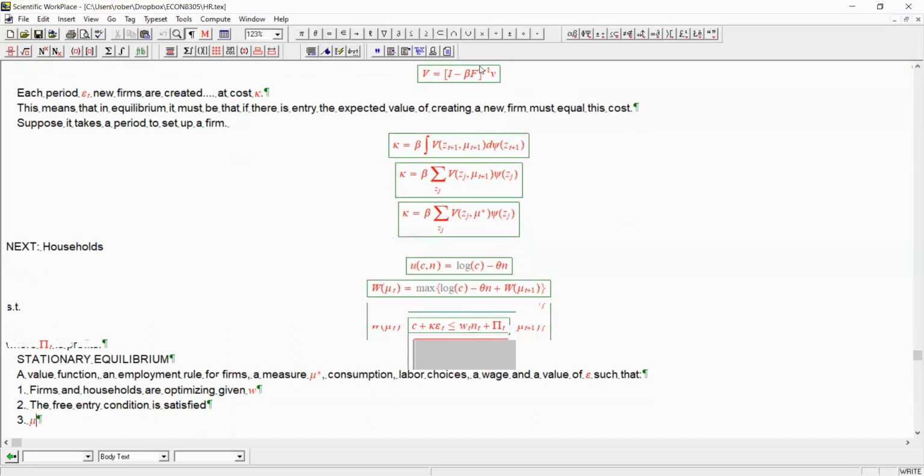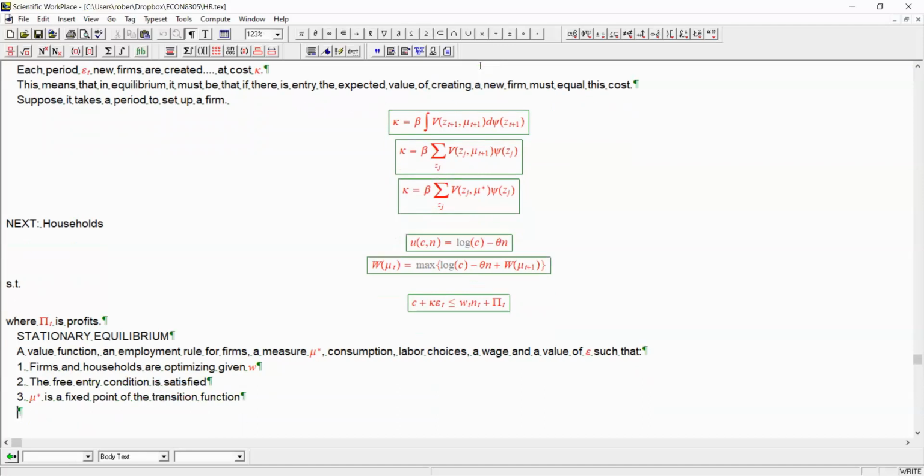Three, mu star is a fixed point of the transition function, and the labor market clears. What we're going to do now is continue to prove that this exists.